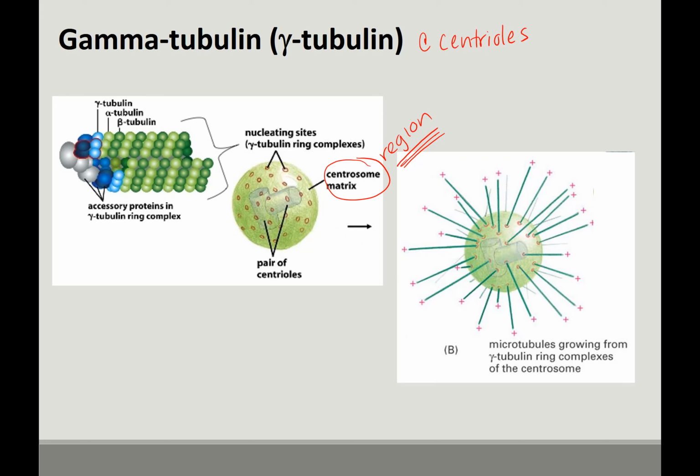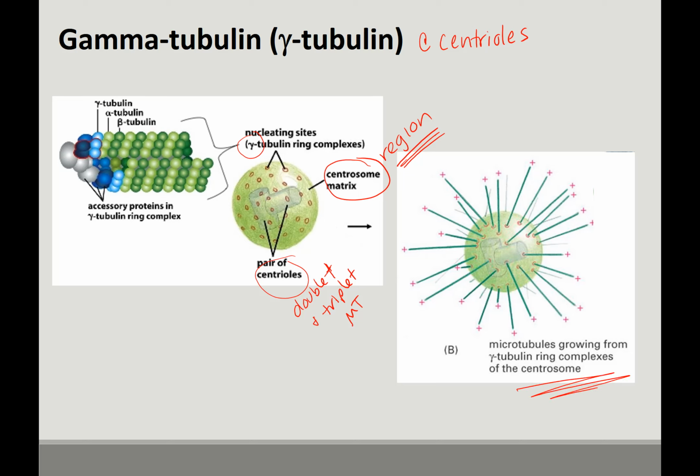It is made up of this matrix, so this green fuzz around it, and then the centrioles, which are those doublet and triplet microtubules. And they are the initiating sites, and here is our gamma tubulin, where the microtubules grow from.